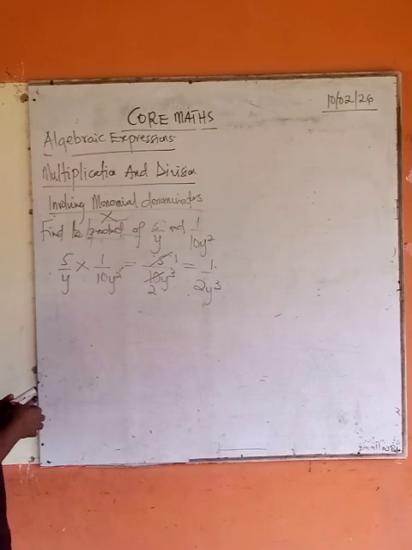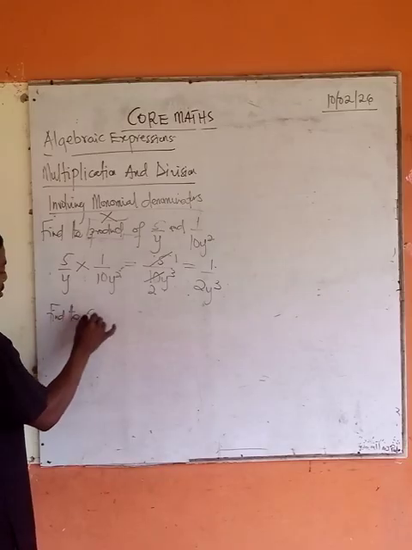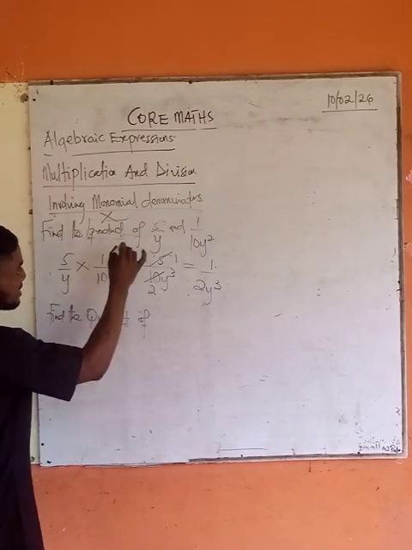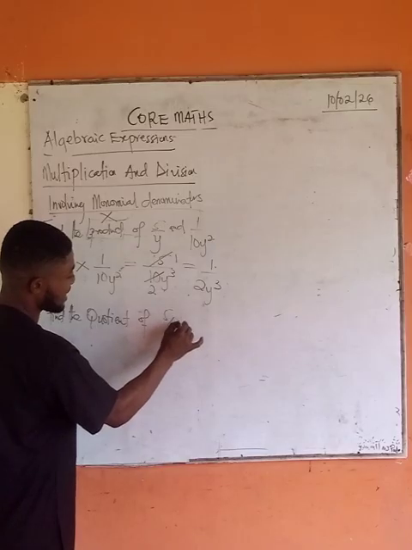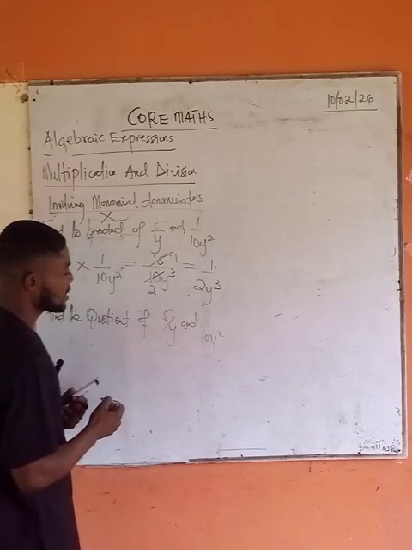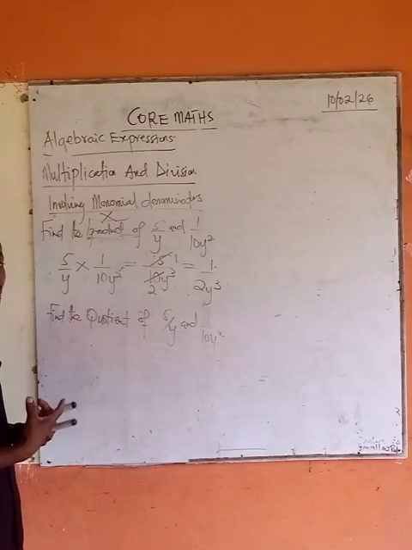Let's take the same question and find the quotient of 5 over y and 1 over 10y squared. It's the same idea. Quotient means division.